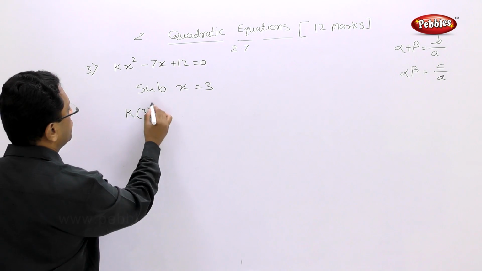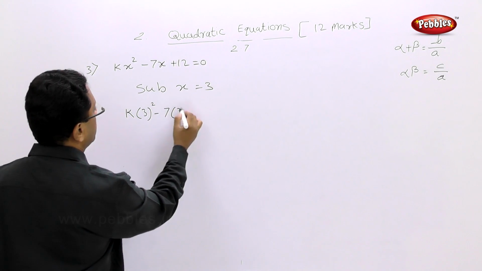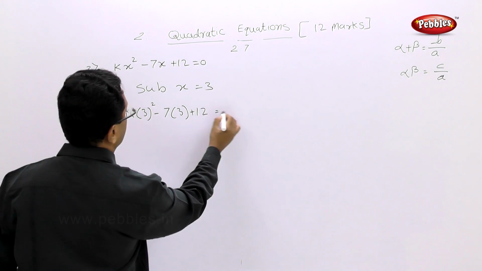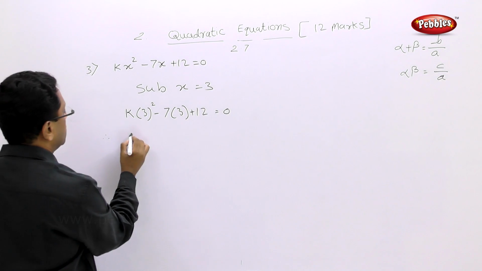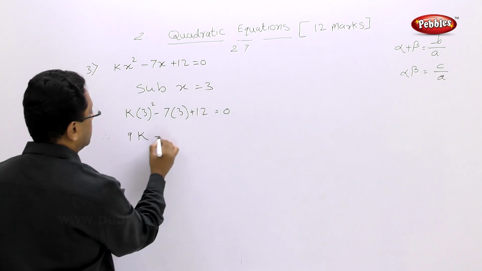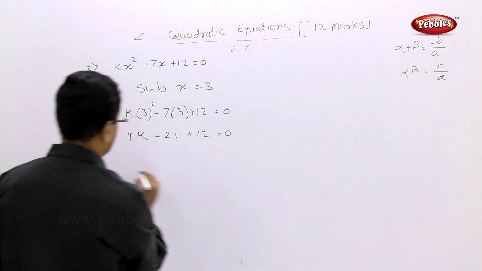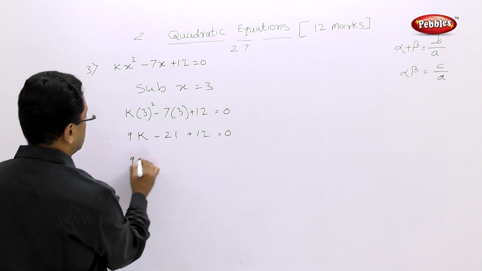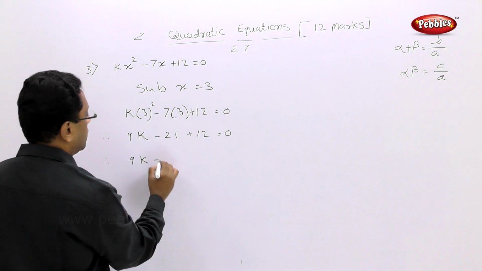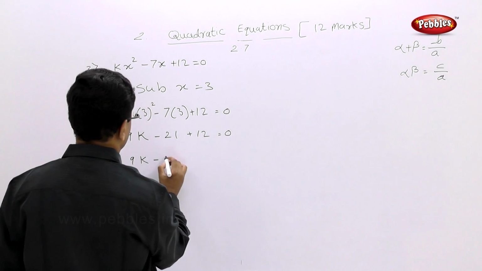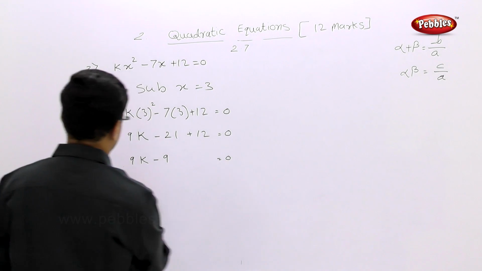So we get k into 3 square minus 7 into 3 plus 12 equal to 0, and hence we get 9k minus 21 plus 12 equal to 0, and hence we get 9k minus 9 equal to 0.